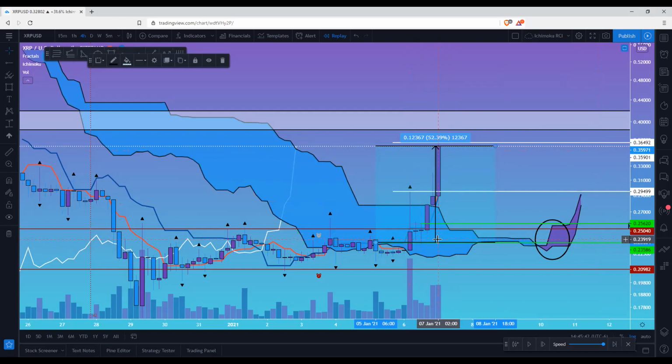Taking a $100 account to $1,001 trade in actually less than 24 hours, that's pretty crazy. And what was your lot size? I just used 50 cents. If I used a mini lot size, I would have made way more, but I said no, not for this. XRP is too risky.